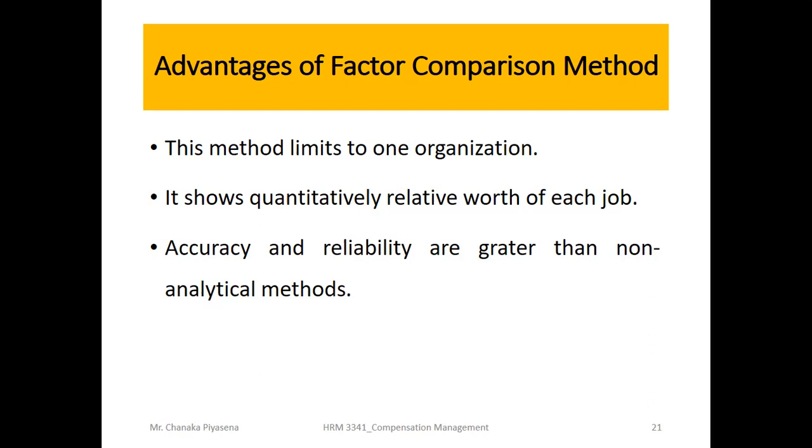As a result, we have quantitative values for each and every job. Accuracy and reliability are greater than the non-analytical methods. When we compare with the qualitative methods, this method is more reliable and more accurate. This is another major advantage of the factor comparison method.